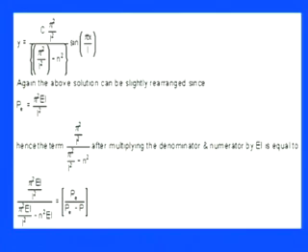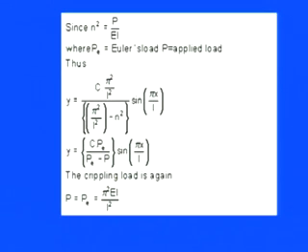Then we have the new form, pi square EI over L square divided by pi square EI over L square minus n square EI, which equates to PE divided by PE minus P. So we find that in the crippling load there is a difference in the denominator. By comparing n square, which is P over EI, we have the Euler load PE, which is the crippling load, and P was the applied load.